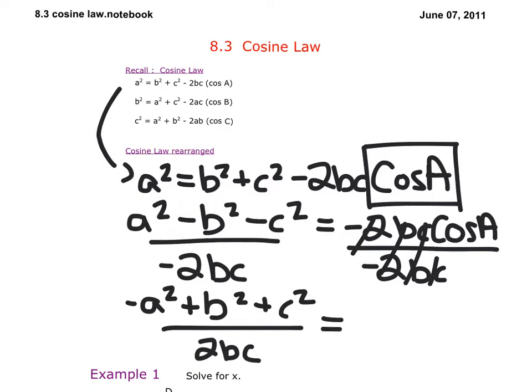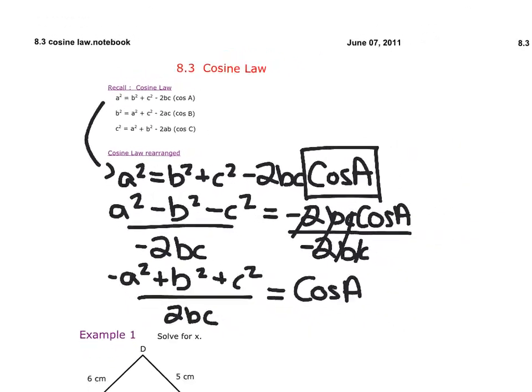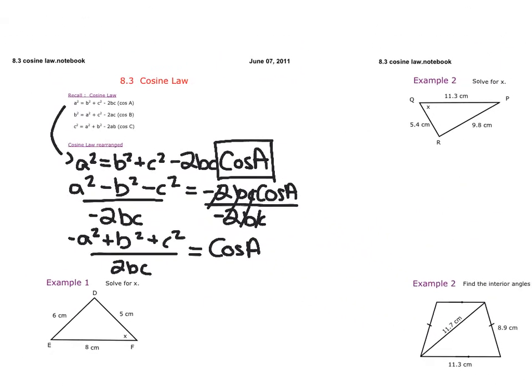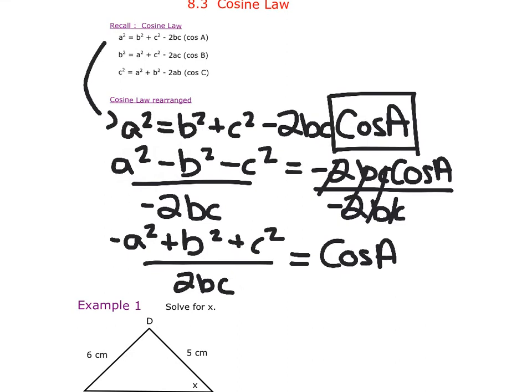divided by 2bc equals cos A. Now, some people might leave the equation like that, but I would prefer to rearrange it so it looks a little bit nicer. So on the top row, if you want to rearrange this section, we could. I'm going to write that out for us, so I'm just going to erase it.